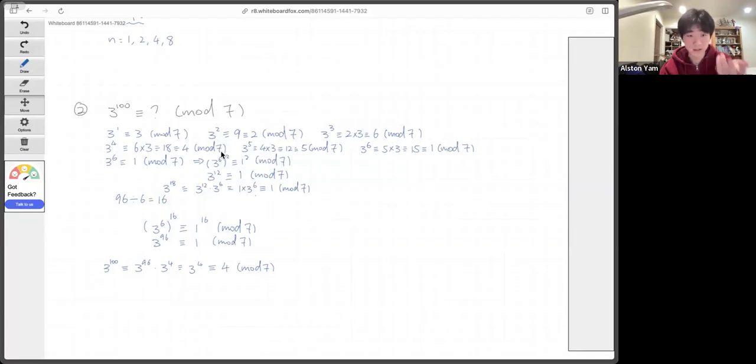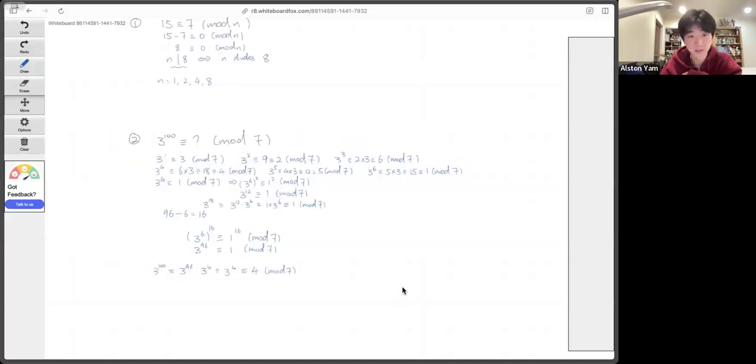And it wouldn't really affect it that much because we know that all 3 to the power of something, if that something is a multiple of 6, will always be congruent to 1 mod 7, and we can just multiply whatever we want to make it up to that number we actually need. And we will find the remainder under mod 7.